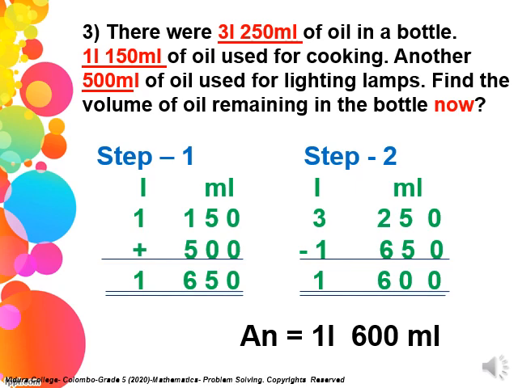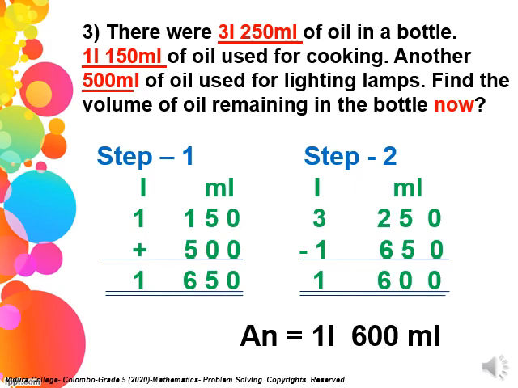So what has happened to this oil in the bottle? We used it for 2 purposes. We used 1 liter and 150 milliliters of oil for cooking, and also we used 500 milliliters of oil for lighting lamps. So that means from the 3 liters and 250 milliliters, we used 1 liter and 150 and 500 milliliters for our different purposes.